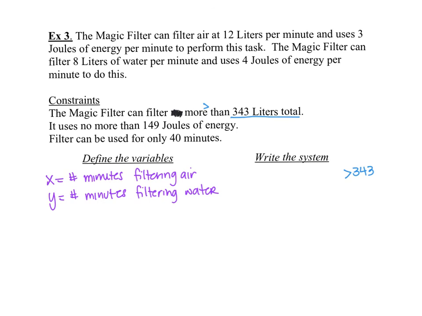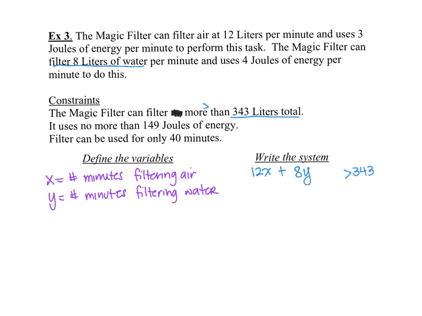The magic filter can filter air at 12 liters per minute. The air is the x, so that's going to be 12x. For the water, it can filter 8 liters of water per minute, so 8y. So that's my first constraint.